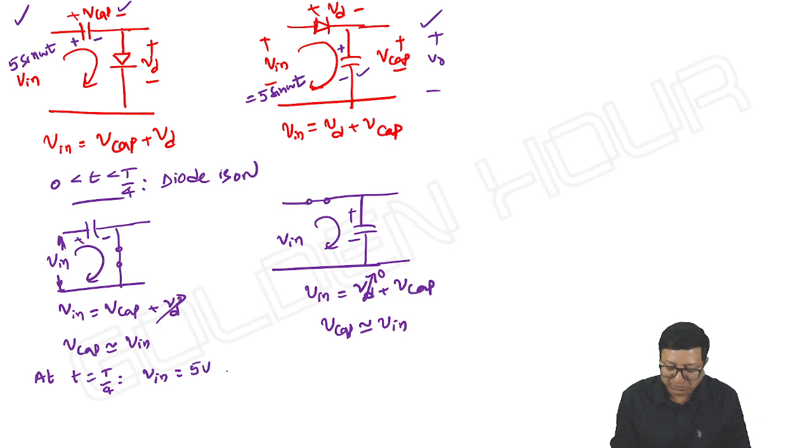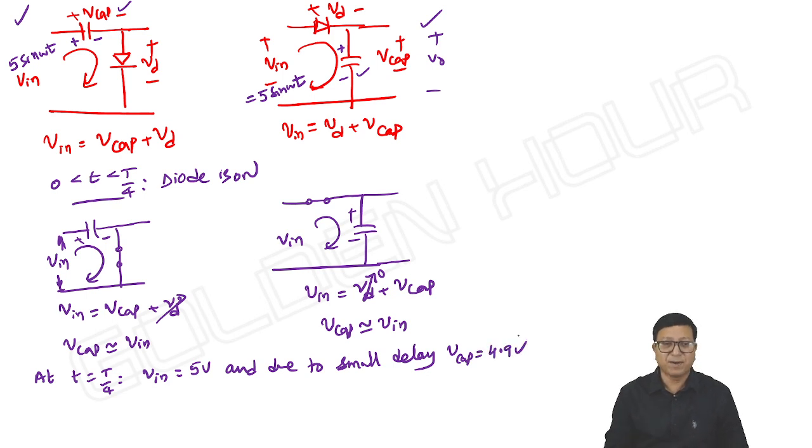V input is 5 volts, and due to small delay, V capacitor is equal to 4.9 volt. Both the circuits, common statement. It is a common statement. This is also a common statement.